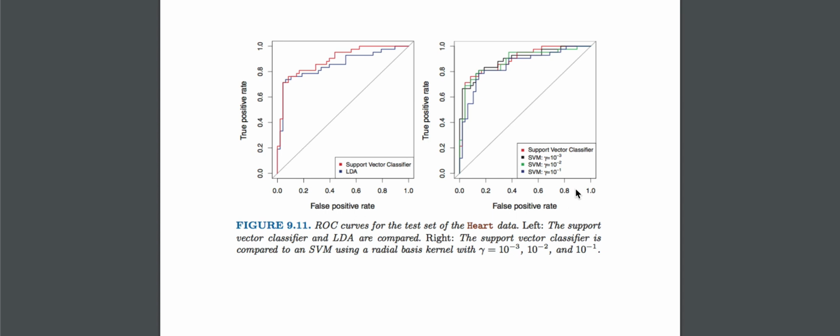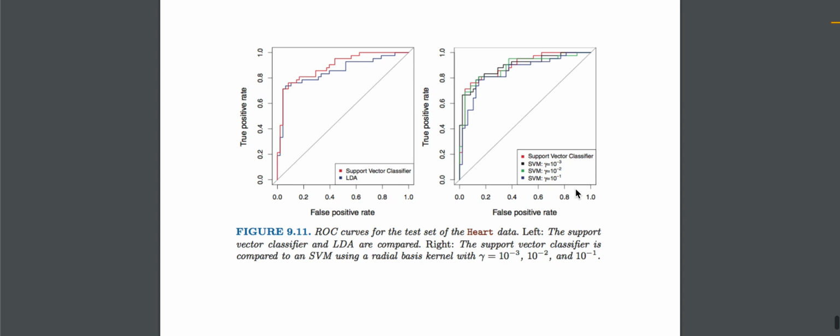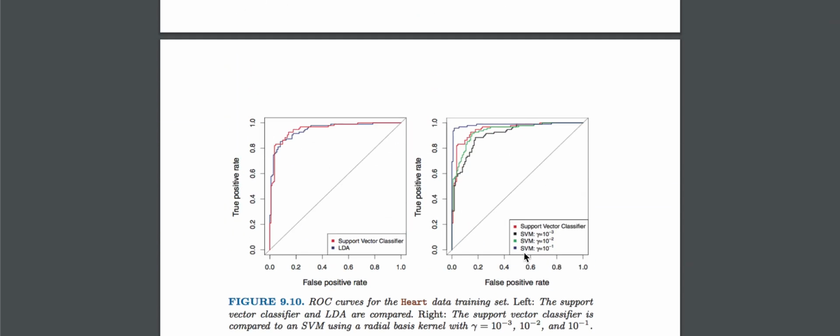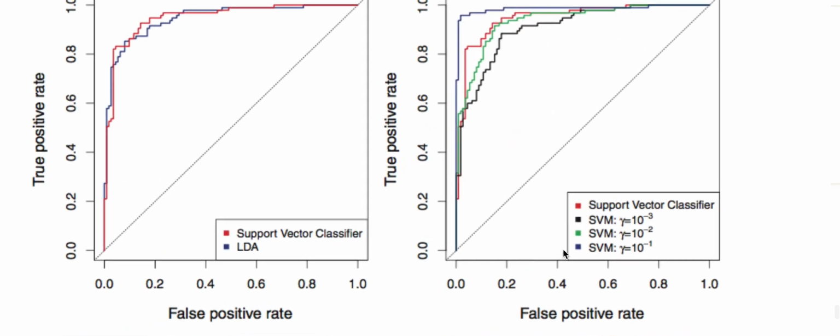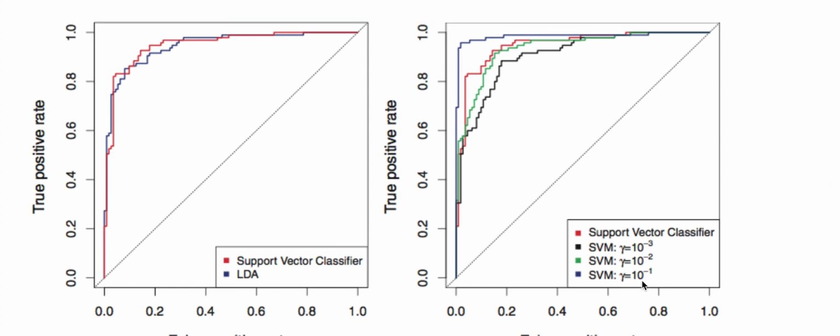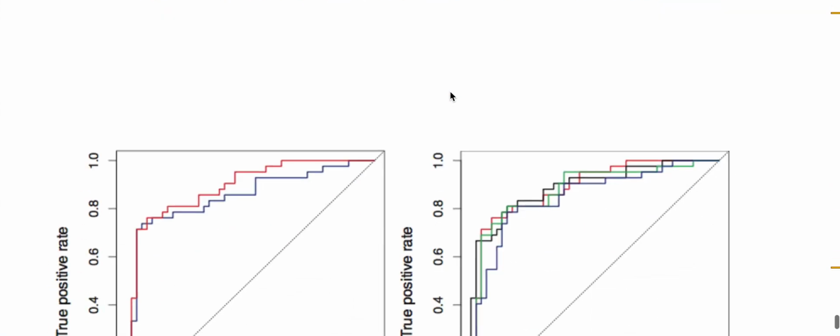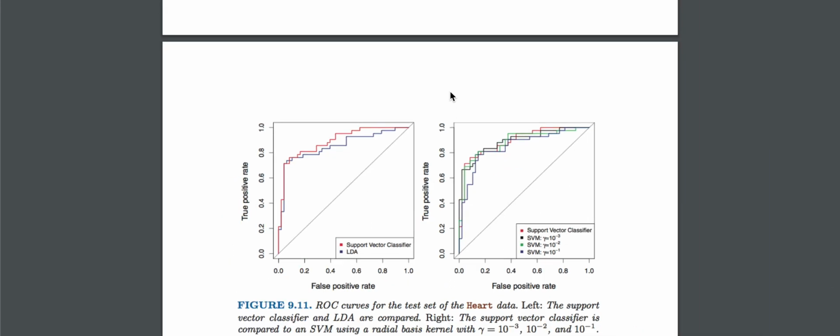This is just an example. It's not a rule. It can be different. But again, what we see here is that a support vector classifier with gamma equal to 10 to the power of -1 produces a low training error, but doesn't necessarily perform better in terms of test error.